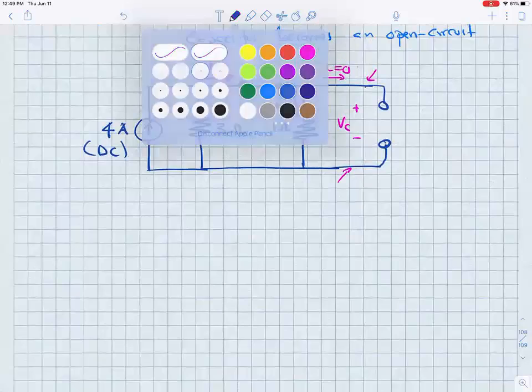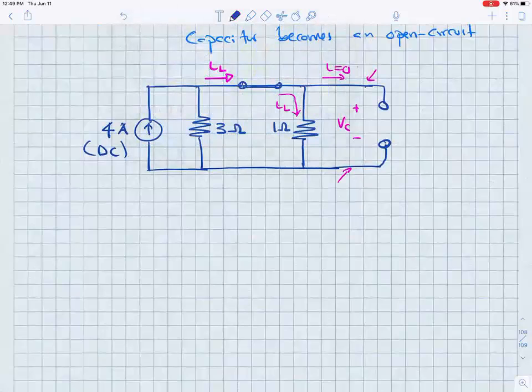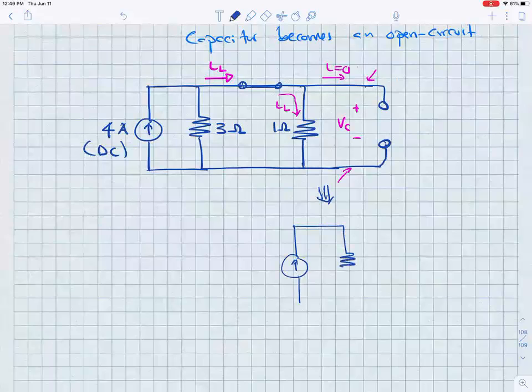So this circuit here, if you simplify it, is equivalent to having our current source, we have this resistor in parallel, and we have this 1 ohm resistor, and the voltage here is our VC, and the current here is our IL.